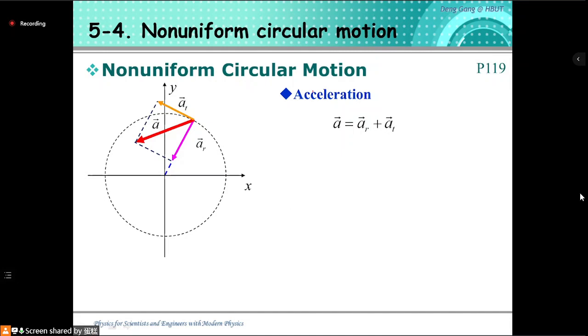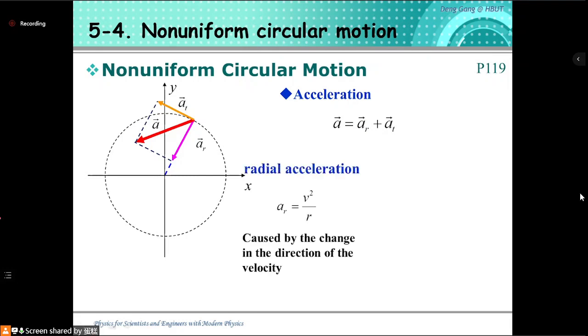The acceleration should be the vector sum of the radial acceleration and the tangential acceleration. According to the equation on previous slides, the radial acceleration changes the direction of the velocity, so it's the same as that in uniform circular motion. It should be equal to v squared over r. But what's the difference?